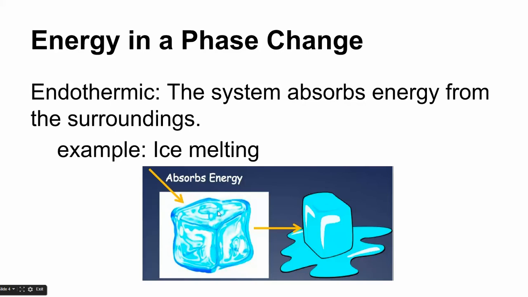It's causing those molecules to move faster. As a result, those molecules will start to break their mutual bonds of attraction, as we saw in those videos we watched earlier in the chapter, and they'll start to flow past one another. And so you're going from a solid to a liquid as energy is absorbed into the system.